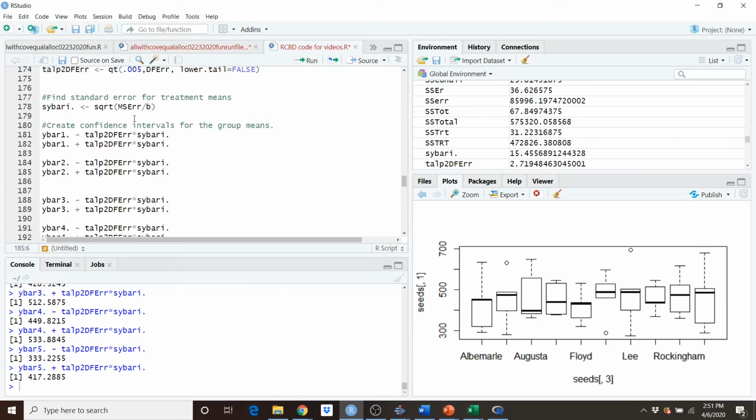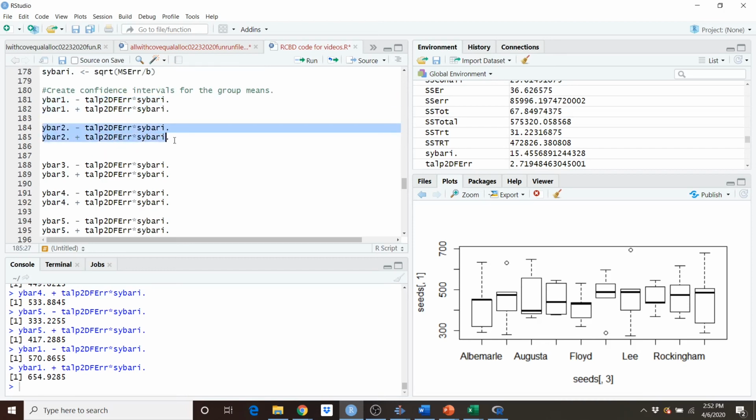Now that I've found the standard error for my treatment means, I can create my confidence intervals in the following way. Take your group means, add and subtract your critical t value times the standard error for the treatment means. And so when I look at the confidence intervals for my first group means, I get 570.865 to 654.9285. And when I look at my second group, I get 292.9095 to 376.9725.